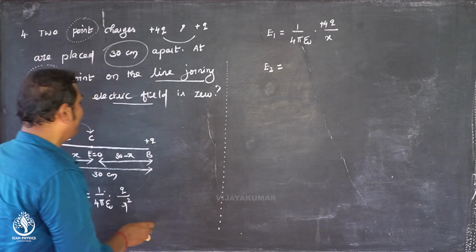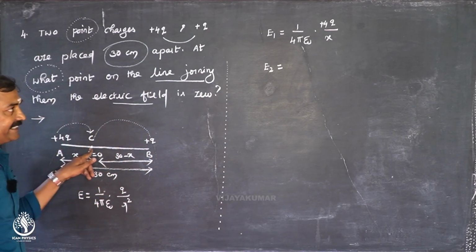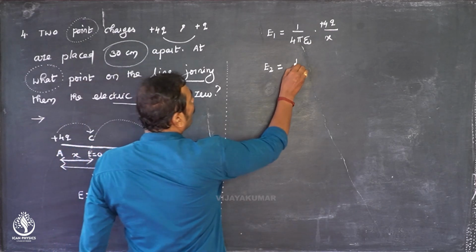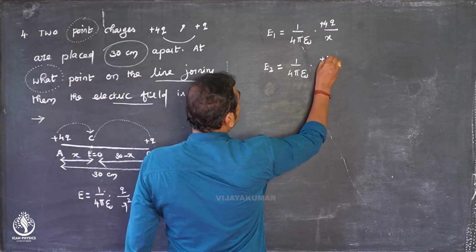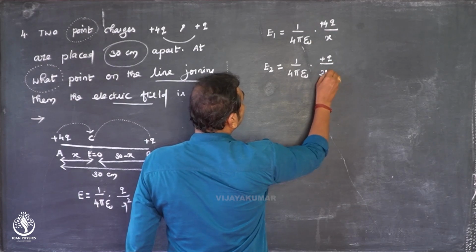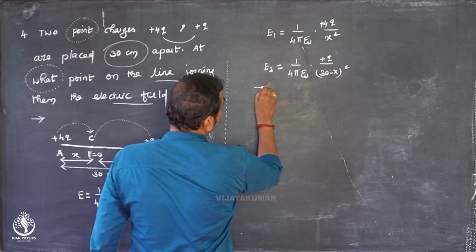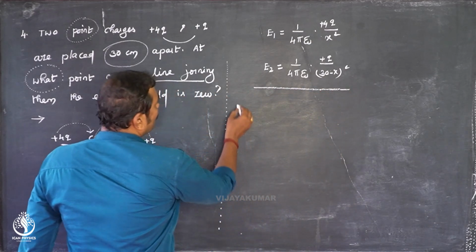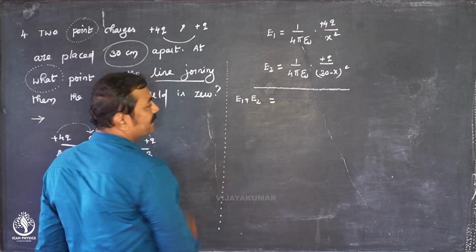E2 is the electric field produced by the positive charge q at the point C: 1 by 4 pi epsilon 0 times q by 30 minus x the whole square. Now we can add E1 plus E2 for the total electric field.